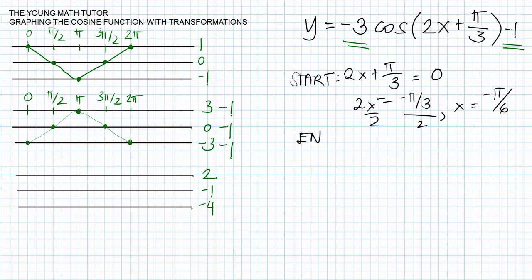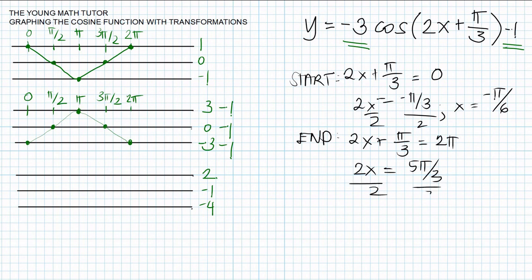And then the end of this period will be equal to 2 pi. So that means 2x plus pi over 3 is equal to 2 pi. Here we can get a value for x, which is 5 pi over 6. That means that the start of our period will be at negative pi over 6, and it will end at 5 pi over 6. So that's one period.